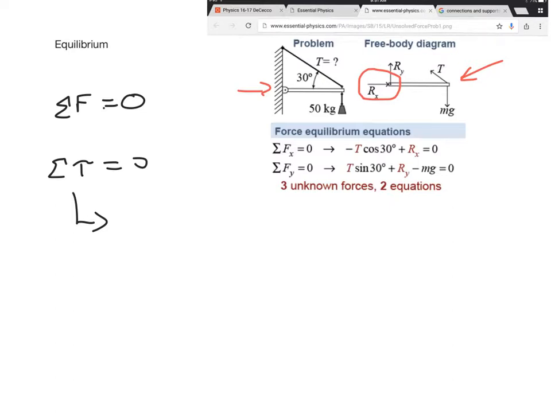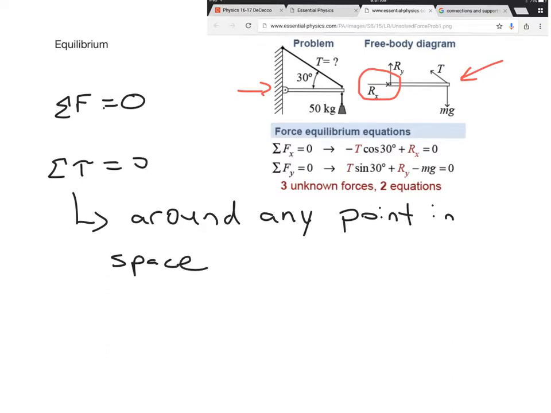Now, the sum of all torques equals 0 around any point in space. So if we look at the problem above, the point does not have to fall on the actual beam.